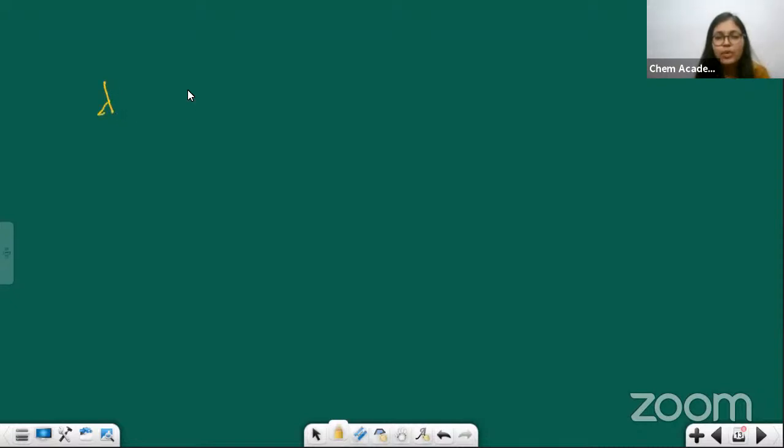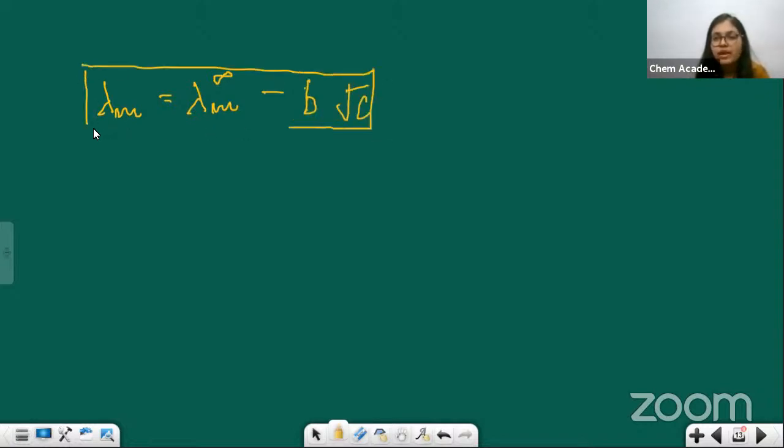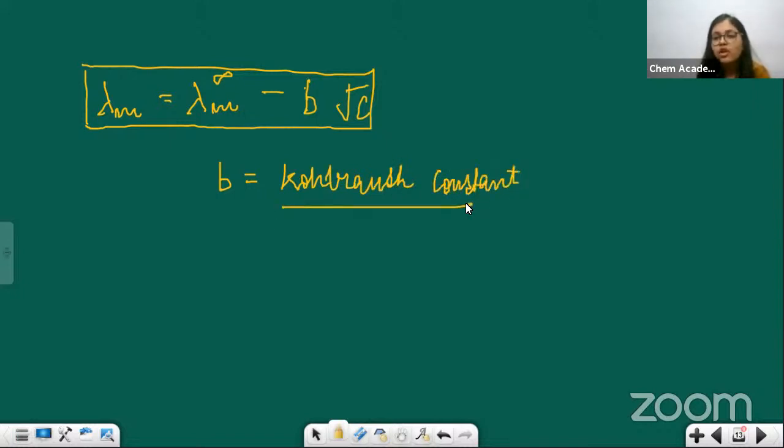If I simplify it, it becomes lambda m equals lambda m infinity minus B under root C, where C is the concentration. On simplifying the earlier equation, this is what we get. Here B is called the Onsager constant, and this is the simplified version of the Onsager equation.